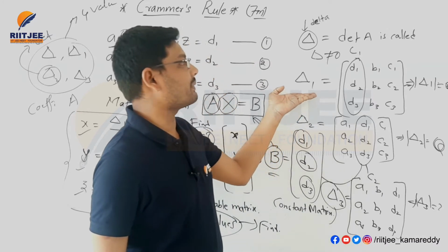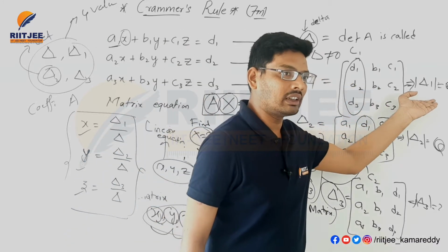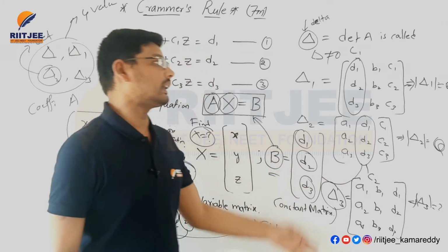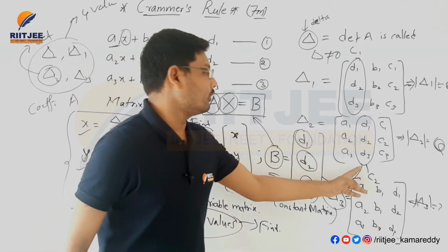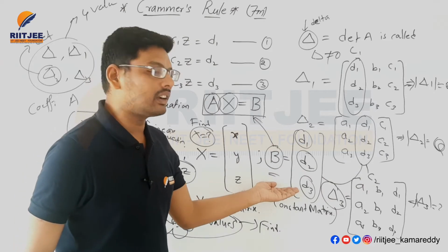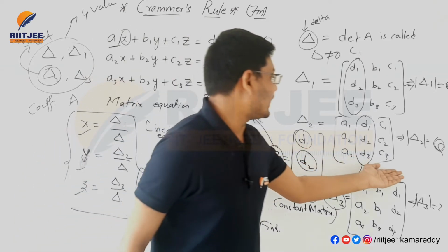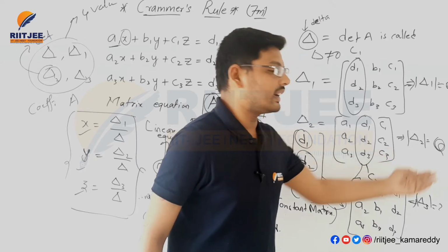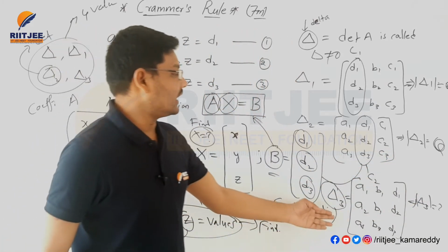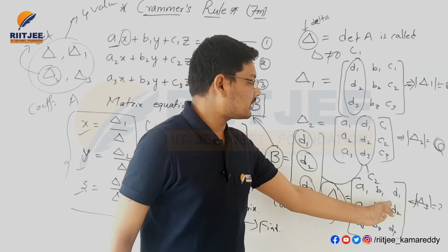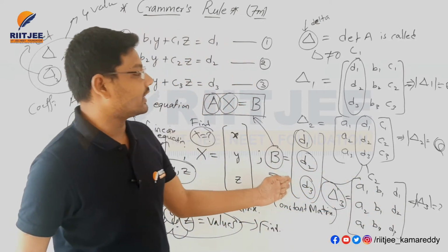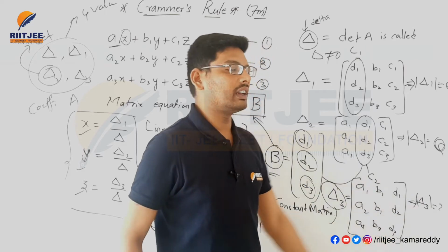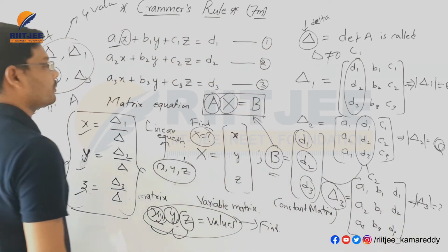After finding its determinant we get the delta 1 value. Delta 2 matrix is obtained by replacing column 2 with the constant matrix, and we get the delta 2 determinant. Delta 3 is obtained by replacing column 3 with the constant matrix, and we get the delta 3 value.